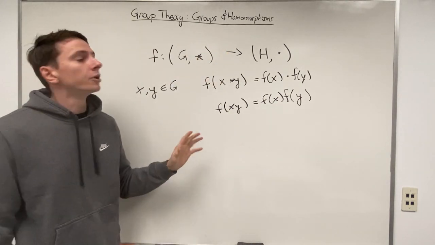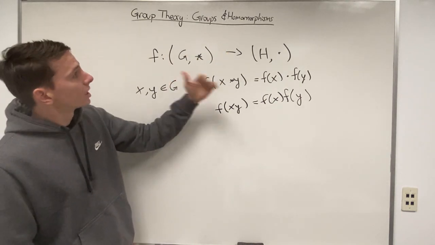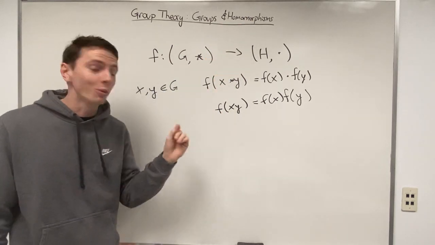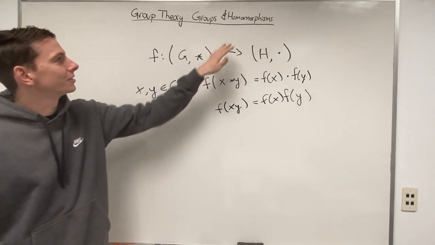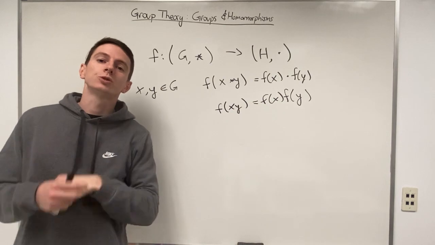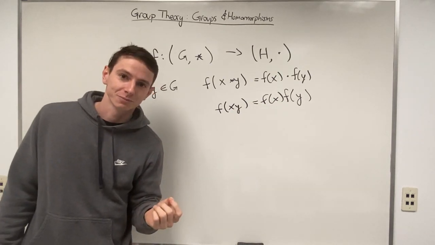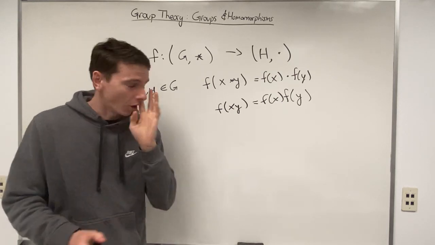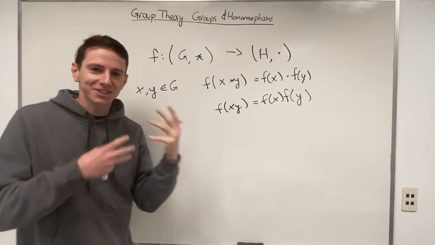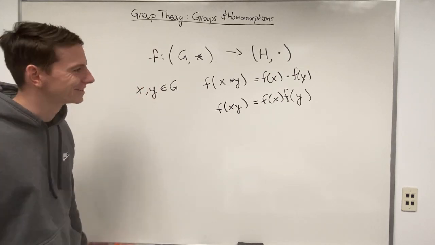Just while we're at it, we went over a specific subclass of homomorphisms, which were the homomorphisms that were also bijective, and we called those isomorphisms. These are tongue twisters to say, right?